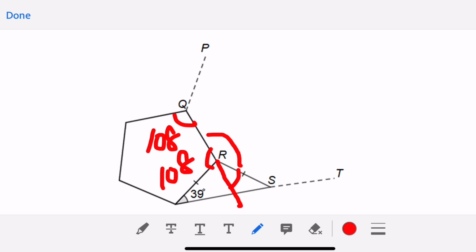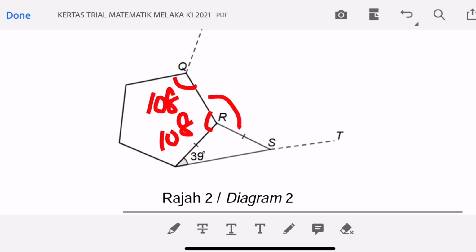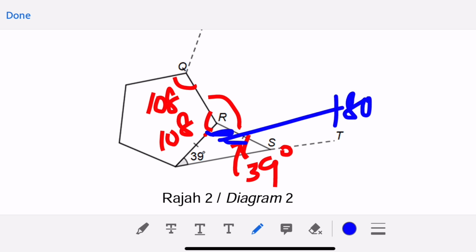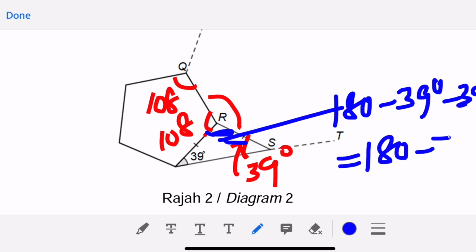Before that we need to know this is 39, right? Let's label here 39 degree. I'm going to show you how to find this. It is 180 minus 39 degree minus 39 degree. So you got 180 minus 78, which is 102 degree.